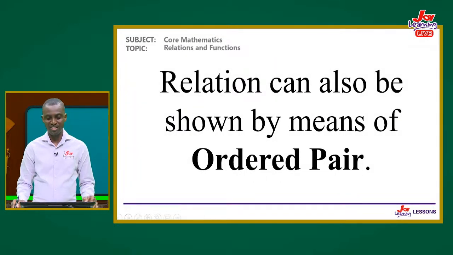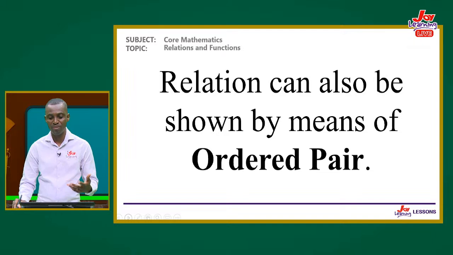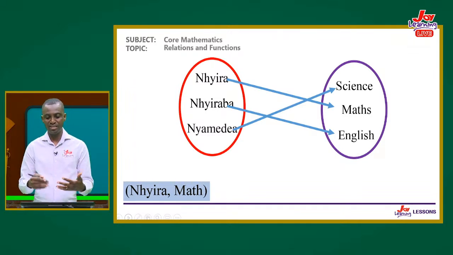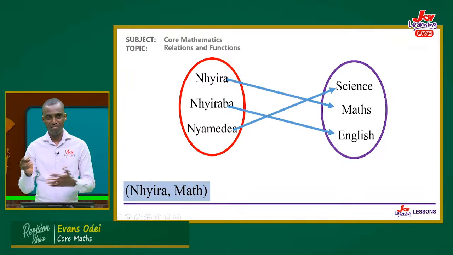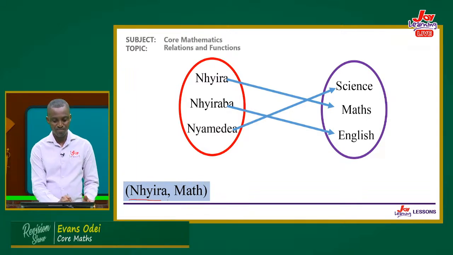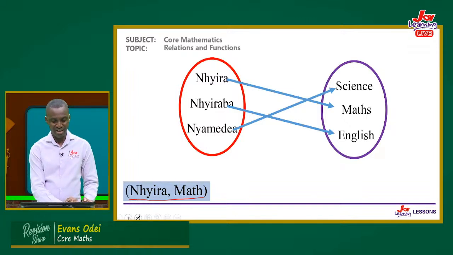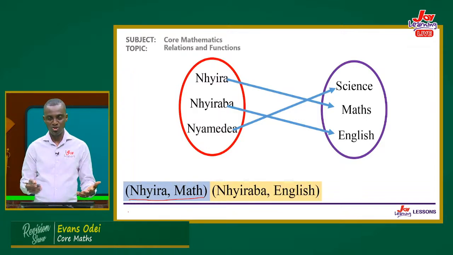Now we are also saying that a relation can be shown by means of ordered pairs. If you look at the example that we saw earlier, Inshira's favorite subject is math, then I can say (Inshira, math), and put that in an ordered pair. Then again, I can relate Inshiraba to English: (Inshiraba, English).